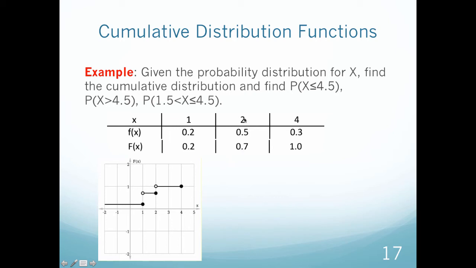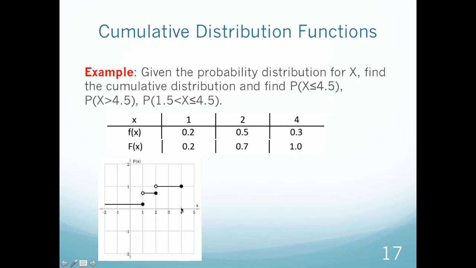Okay, so then at x equals 2, I have 0.7. So I'm going to come up here and say this is 0.7, but keep in mind between 1 and 2 it's also 0.7. So I don't include it here, but I do include that point here. At x equals 4, I have the number 1.